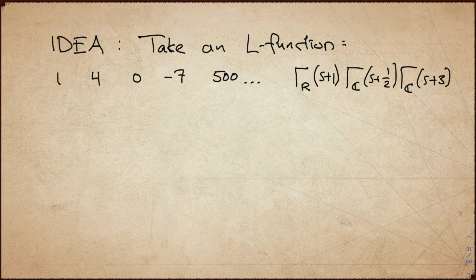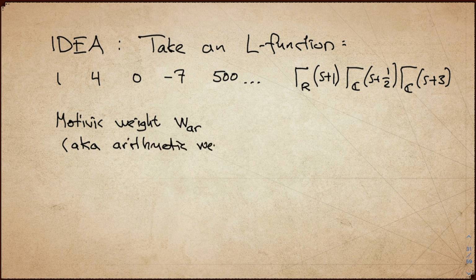For a motivic L function, there are in fact two different kinds of weight. You have the motivic weight, denoted W subscript AR because it is also known as the arithmetic weight.